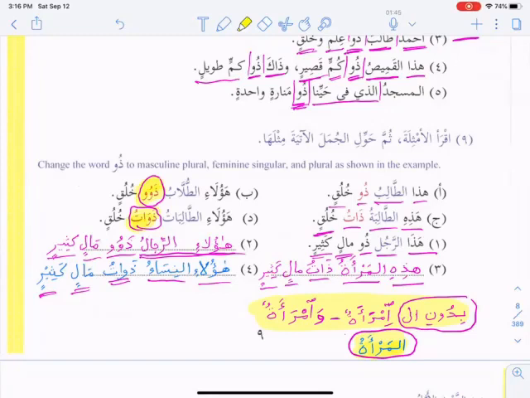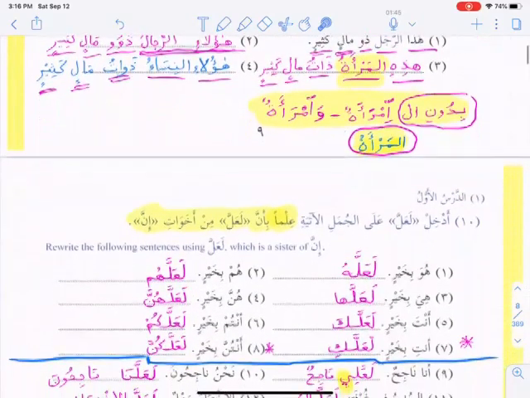So here I have written, hazihil mar'atu. See here, mar'atu. Do you see, my brothers and sisters? That is because it has got al there. Because of al attached to it, it became hazihil mar'atu. Without al, it will be wamra'atu or imra'atu. Please remember this. This is something to be remembered.